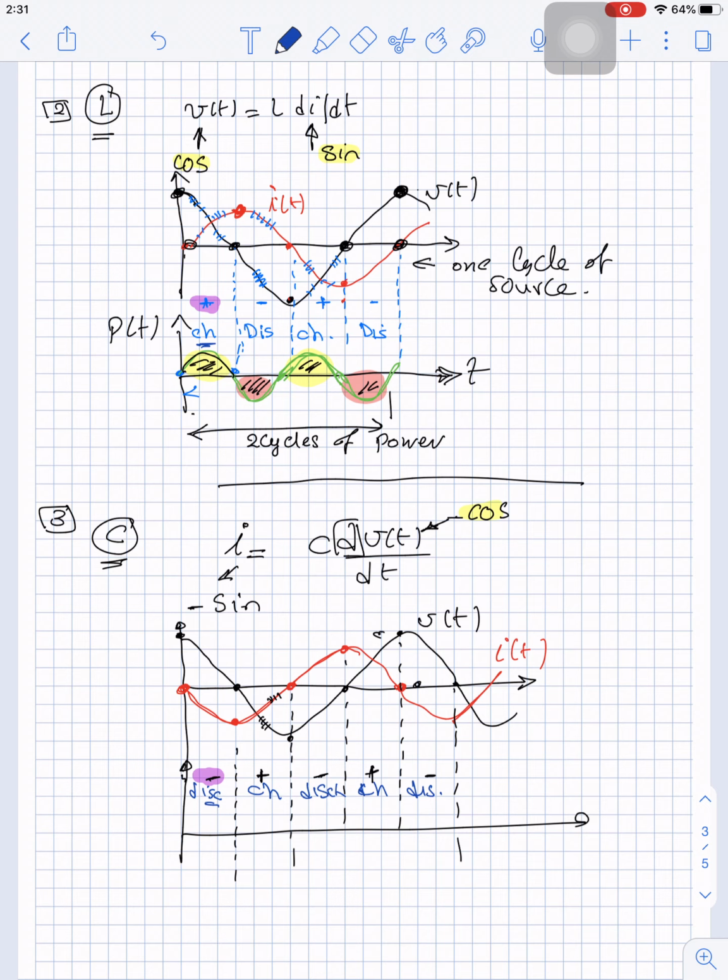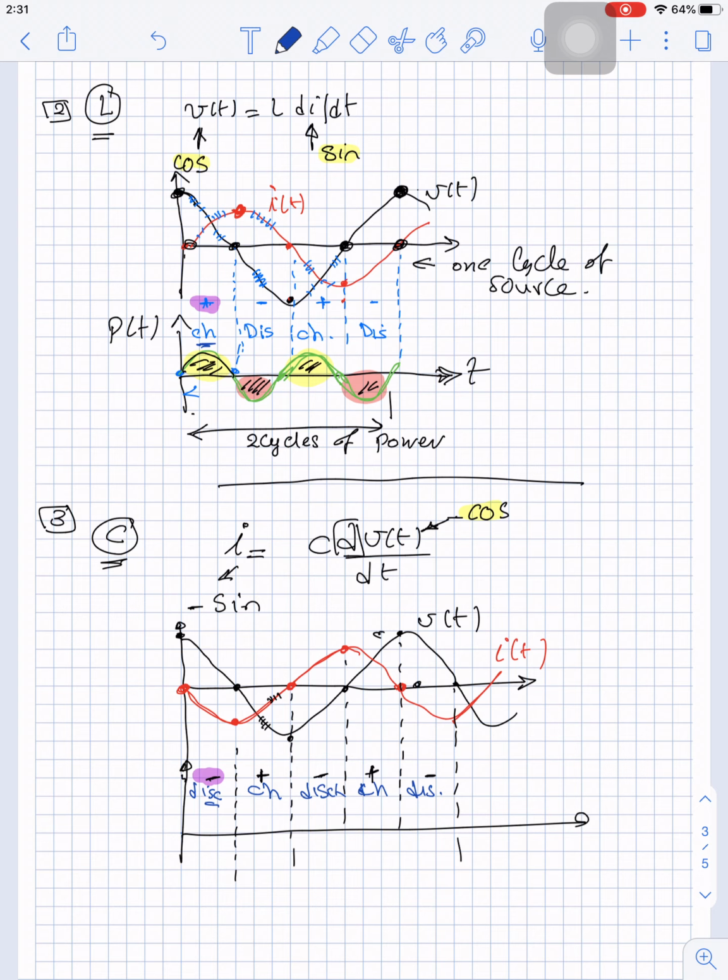But still, as a behavior, the power of the capacitor is the same as the power in the inductor. This power is going back and forth between the source and the load, and it has no average. When you multiply I, which has a negative sign, by cos, you will have sine times cos, which can be converted to sine with double the frequency.